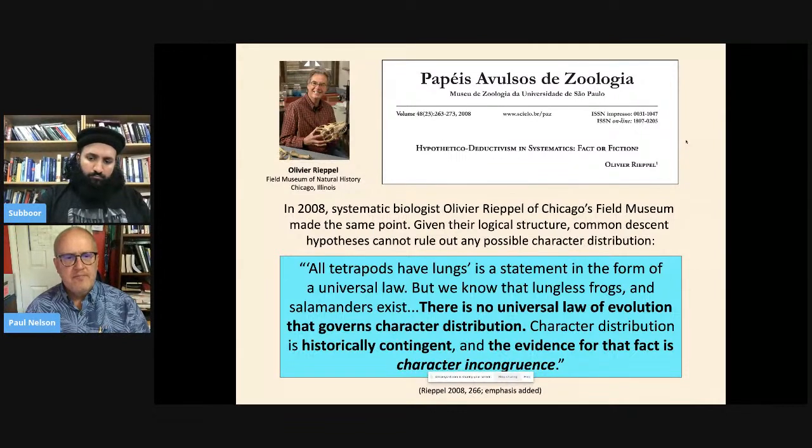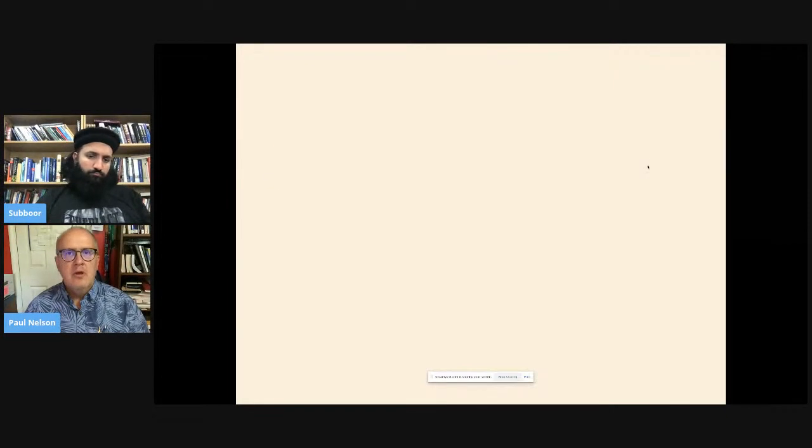So as he puts it, all tetrapods have lungs. That proposition is a statement in the form of a universal law. However, we know that lungless frogs and salamanders exist. There is no universal law of evolution that governs character distribution. Character distribution is historically contingent, and the evidence for that fact is character incongruence.